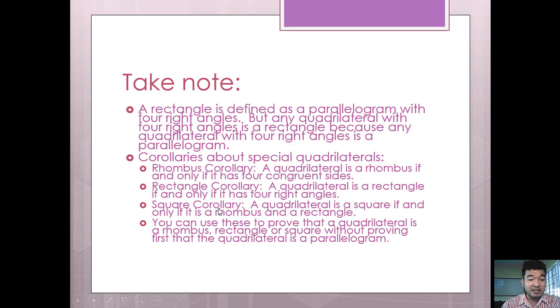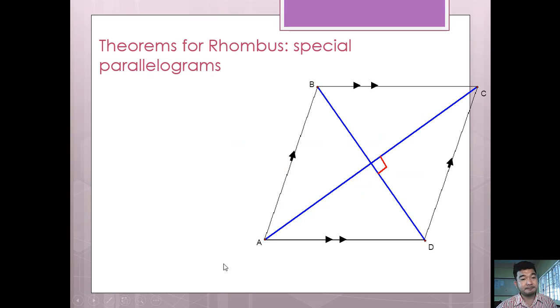Pwede natin daw itong gamitin para i-prove na ang isang quadrilateral ay rhombus, rectangle, or square, kahit hindi na natin i-prove na ang quadrilateral ay parallelogram. Ibig sabihin, kahit hindi mo nasabihin na parallelogram yung figure na yon, pwede mong gamitin yung corollaries ng mga special parallelograms na yon para masabi na siya ay rhombus, rectangle, or square.